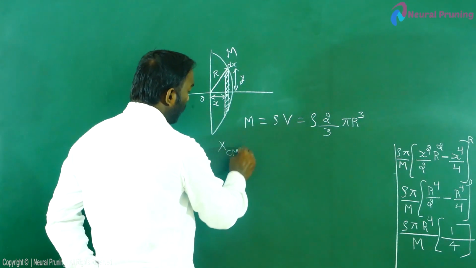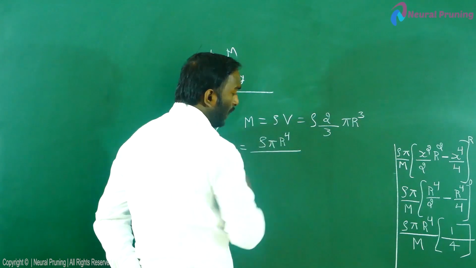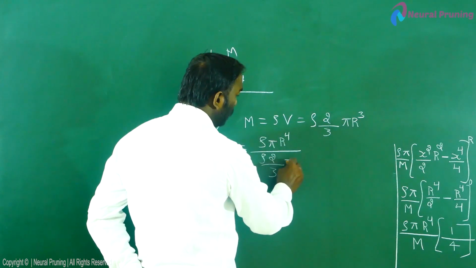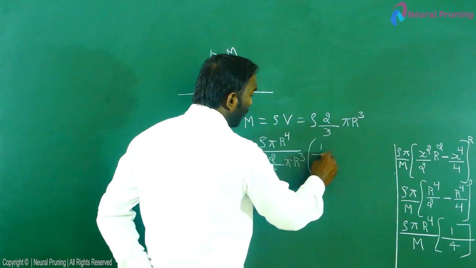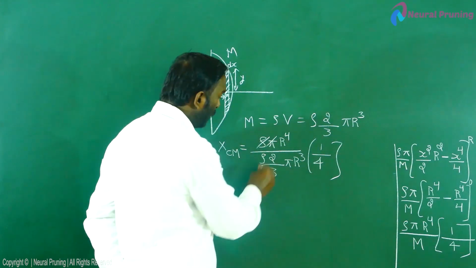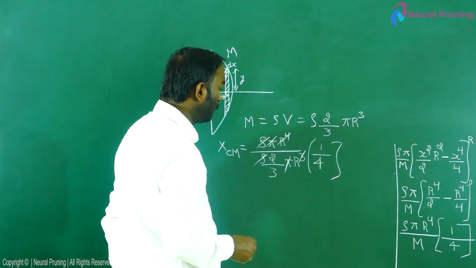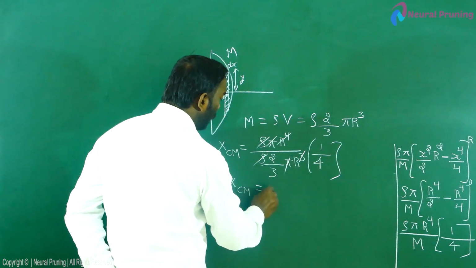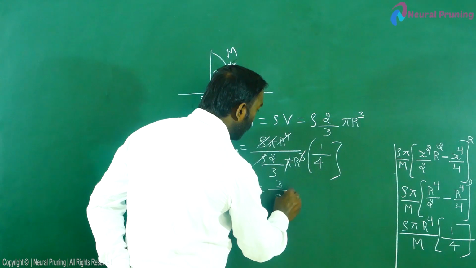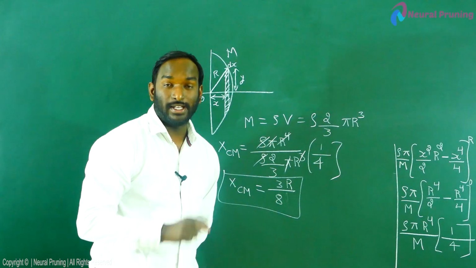So xcm is equal to rho pi R to the power 4 by the mass of the hemisphere, rho 2 by 3 pi R cube, into 1 by 4. So you can cancel rho, pi, and R to the power 4 with R cube. So xcm is equal to 3 by 8 R. So the xcm value is 3 by 8 times the radius.